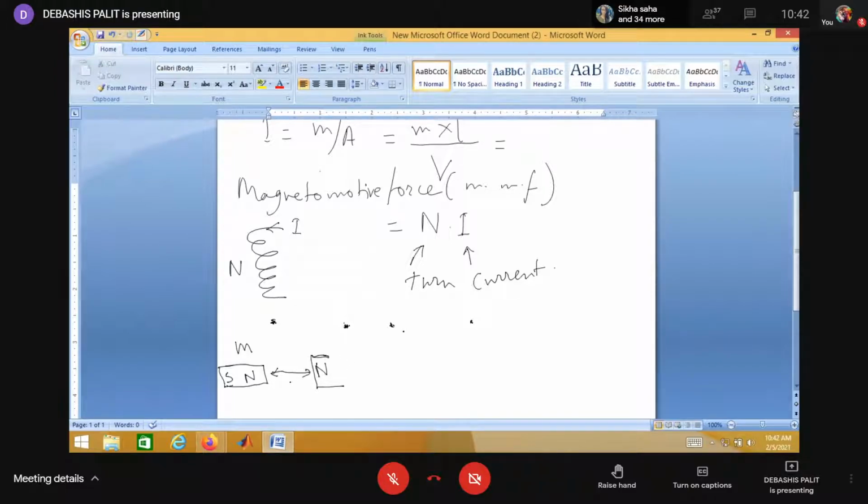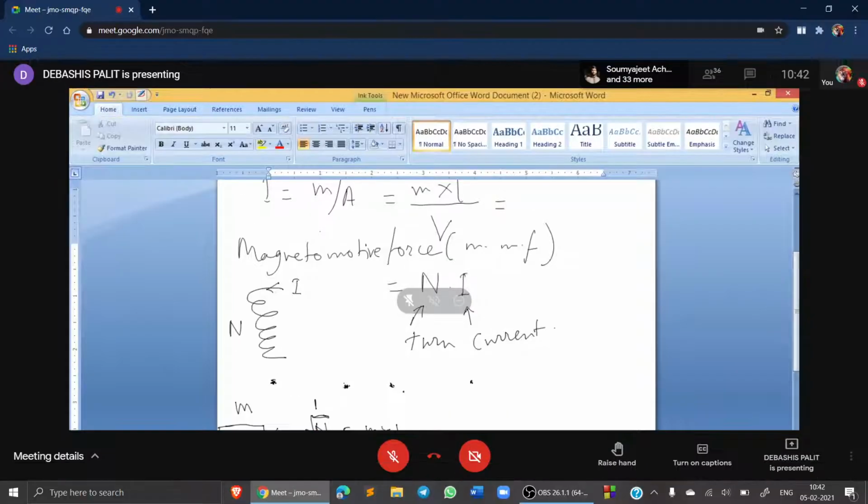If the distance is d, and the unit north pole means pole strength is 1, the force is proportional to M into 1 divided by d square, according to Newton's law. So this is the repulsive force.